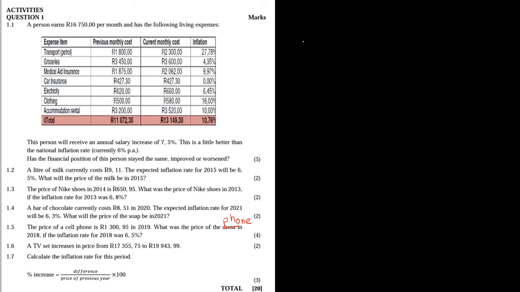So now that we know that the price is 1,300 some change, we know that the answer would obviously be less because inflation has taken place. So let's work it out, and we want to take out this percentage. So it's 6.5. Now the method we use, we say 100 divided by 106.5.